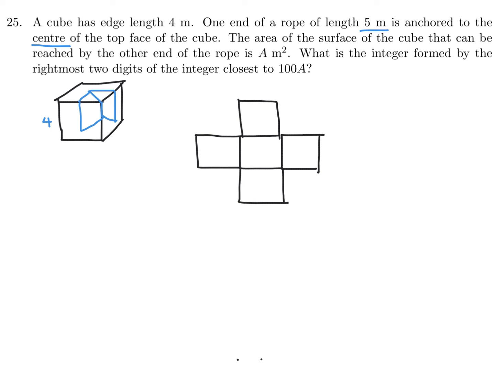Okay, so now we've got this cube, and it has this rope, and the rope can basically go around pretty much like a circle. So it would go to here, it would go to here, pretty much a circle. Yeah, you guys get it. Where this is the center, and the radius of the circle is 5. So all the way around like that.